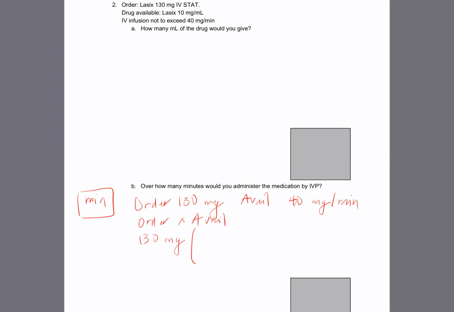You want to cancel the units of milligrams, so you put 40 milligrams on the bottom. 130 divided by 40 is 3.25 minutes. So final answer for 2B is 3.25 minutes.